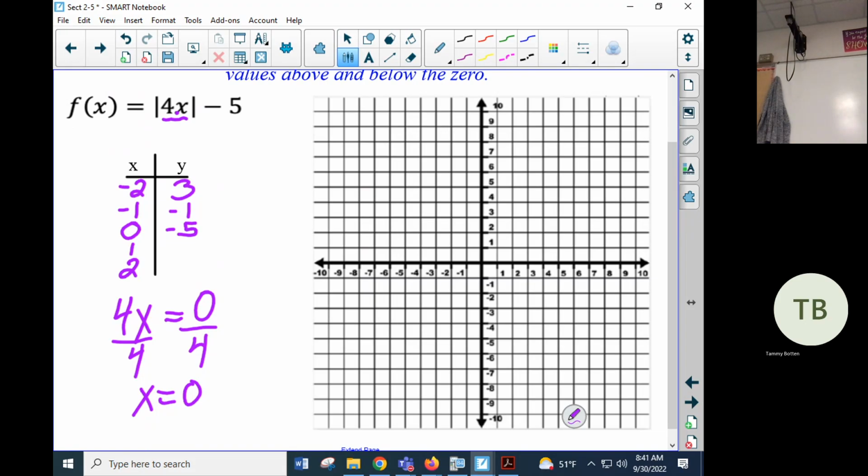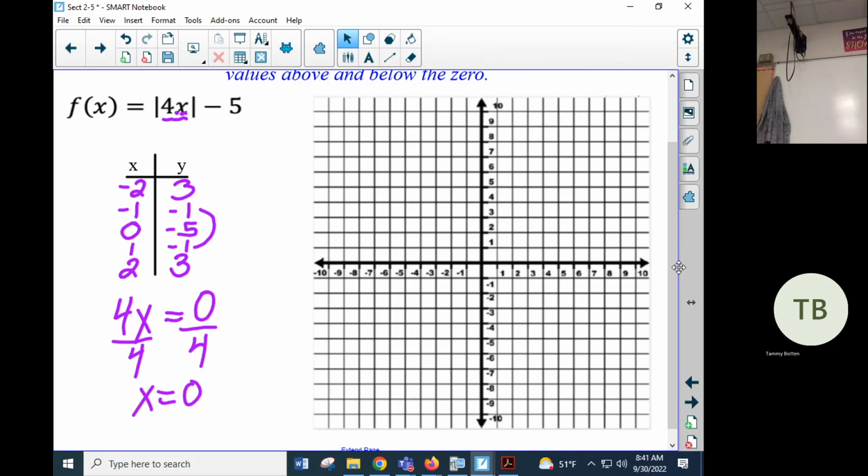If I have a 1 here, 4 times 1 is 4. Absolute value of 4 is 4. 4 minus 5 is -1. So again, notice these two are the same. If I put 2 in there, 4 times 2 is 8. Absolute value of 8 is 8. 8 minus 5 is 3.